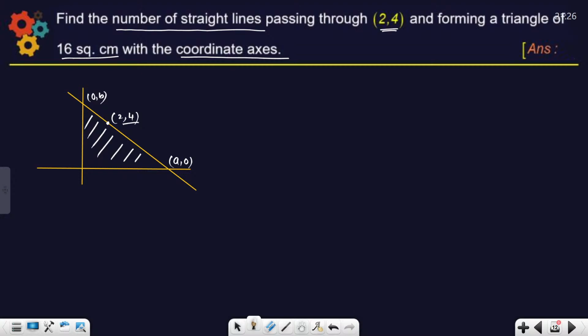How to do this sum? Can anybody tell me how to do this?